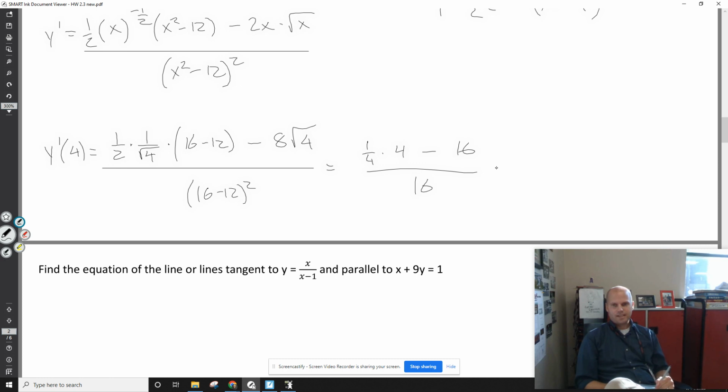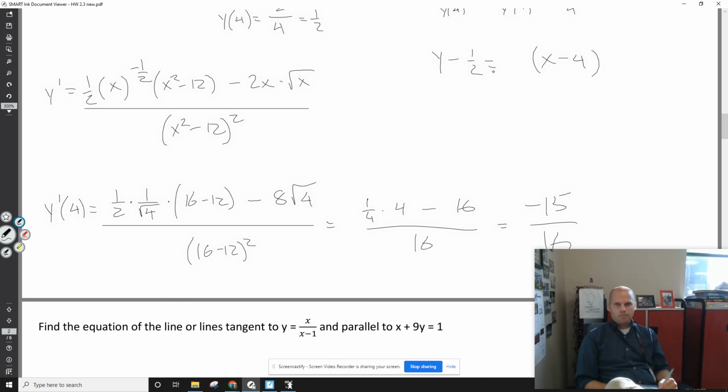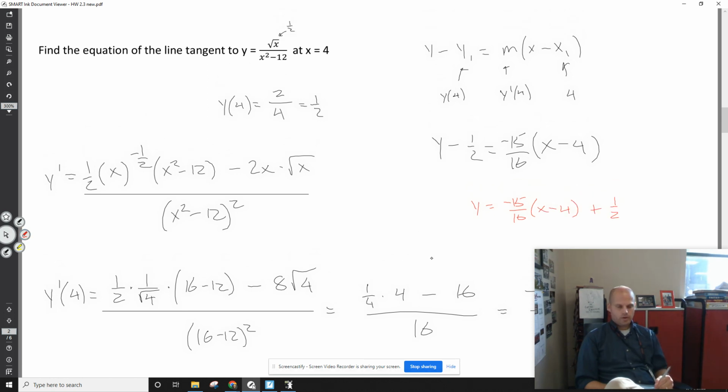That's 1 minus 16, so that's negative 15 over 16. So I think my equation is negative 15 over 16 times x minus 4 plus a half. Again, if you were to graph this, the quickest and easiest way would be to just add that y1 over. You get that equation.